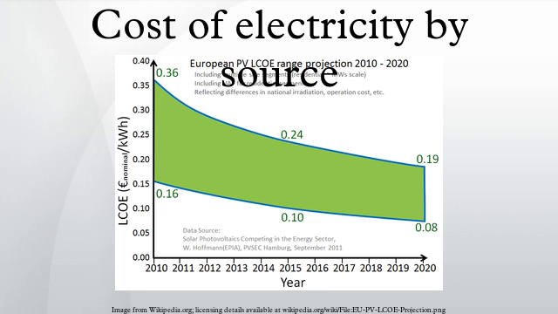Typically LECs are calculated over 20 to 40-year lifetimes, and are given in units of currency per kilowatt-hour, for example AUD/kWh or EUR/kWh, or per megawatt-hour, for example AUD/MWh. However, care should be taken in comparing different LCOE studies and the sources of the information, as the LCOE for a given energy source is highly dependent on the assumptions, financing terms and technological deployment analyzed.